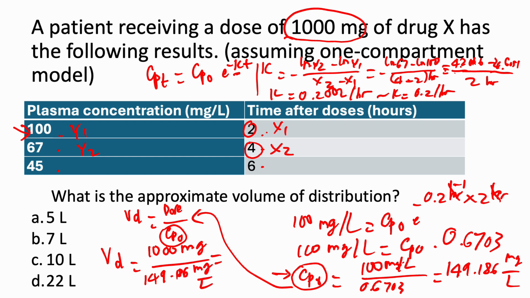Our volume distribution will be equals to 6.703 liter. So the volume about 6.703 liter. So look at the equation here, A, B, C, and D. The most correct answer is B.